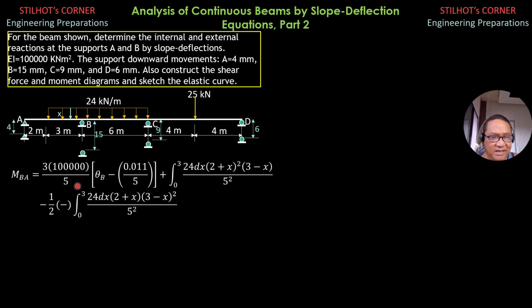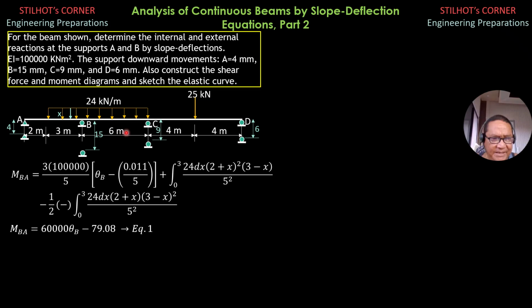Simplifying, MBA equals 60,000 theta B minus 79.08. So you have to distribute and combine these values of the integral. So that's the simplified form.